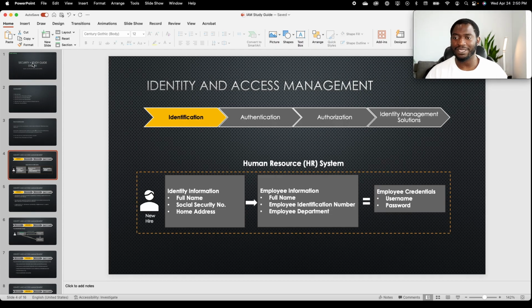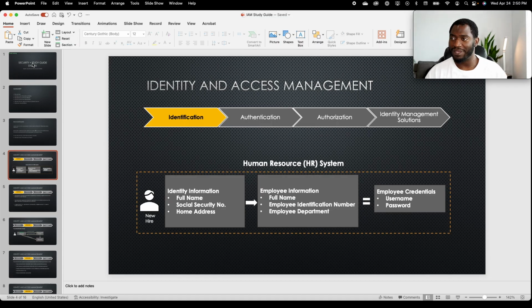Now, on the left-hand side, you can see that the identity information that you as a new hire have is going to be your full name, your social security number, and your home address. And we're assuming that these are some of the requirements that the HR system within that organization needs to register you as an employee of the organization.